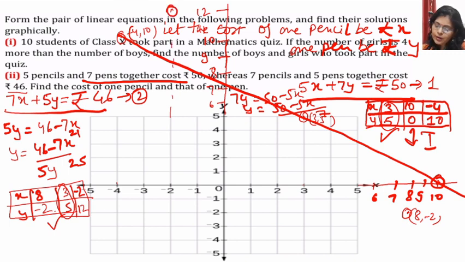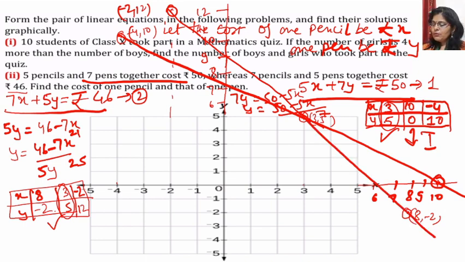Now we will plot the line through minus 2, 12, 3, 5 and 8, minus 2. So what do we see? These 2 lines meet at the coordinate 3, 5. So this is also an example of intersecting lines which have a unique solution.